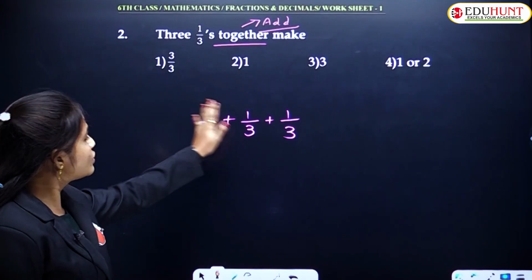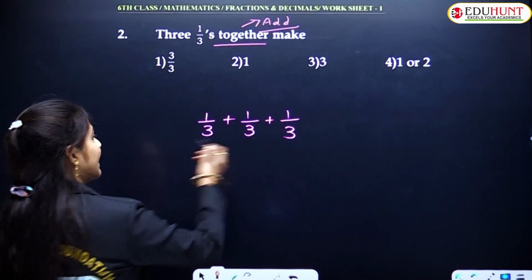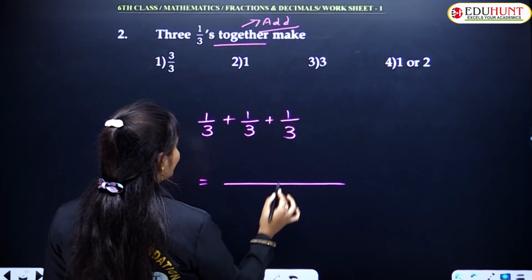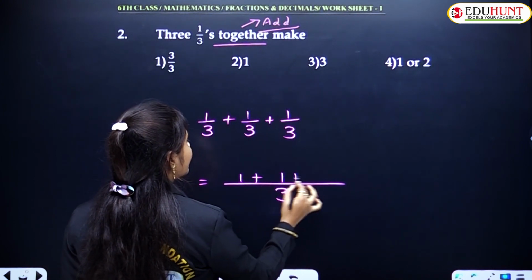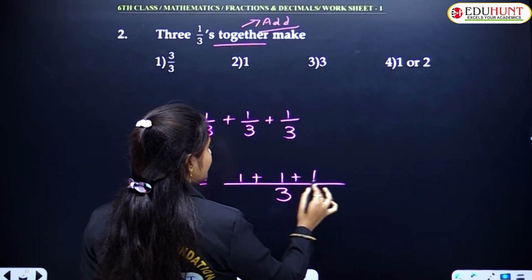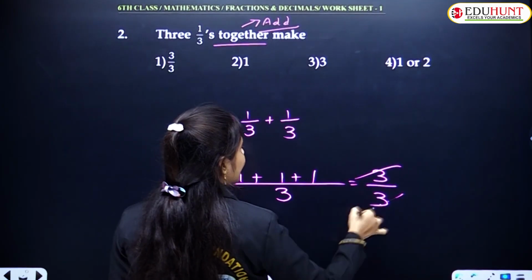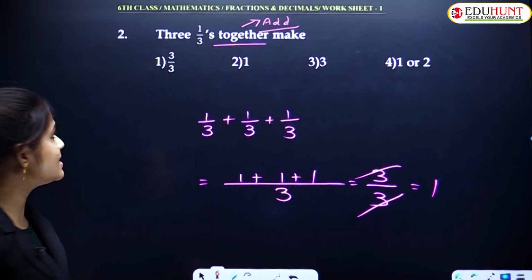How to add like fractions? You just take the denominator as the same, and you just add the numerators. So numerators 1 plus 1 plus 1 is equal to 3 by 3. 3 and 3 get cancelled. So the answer is 1.